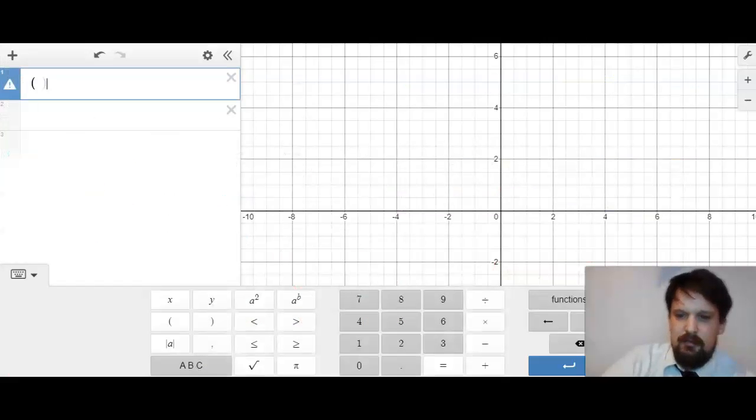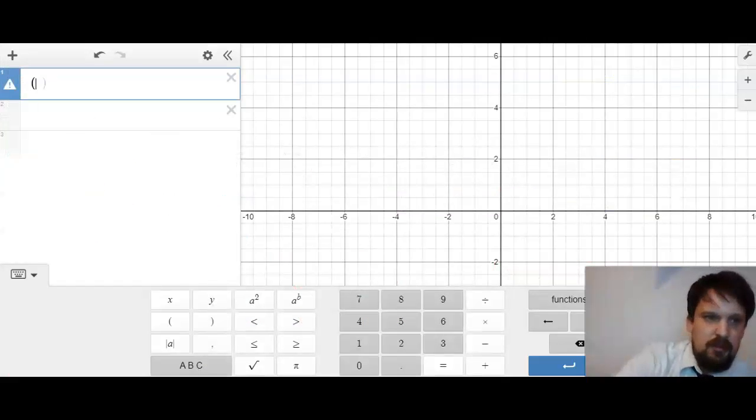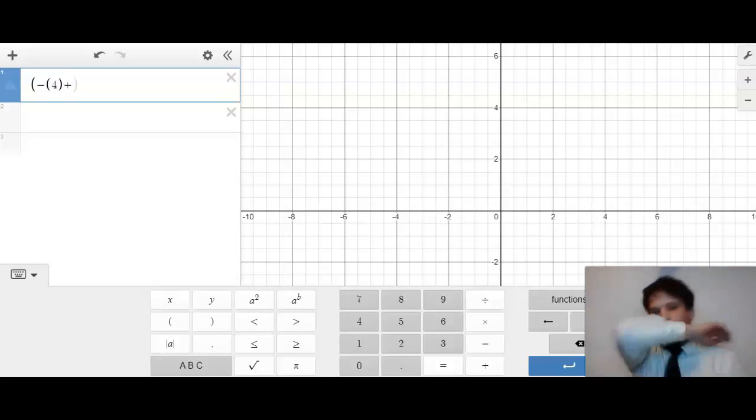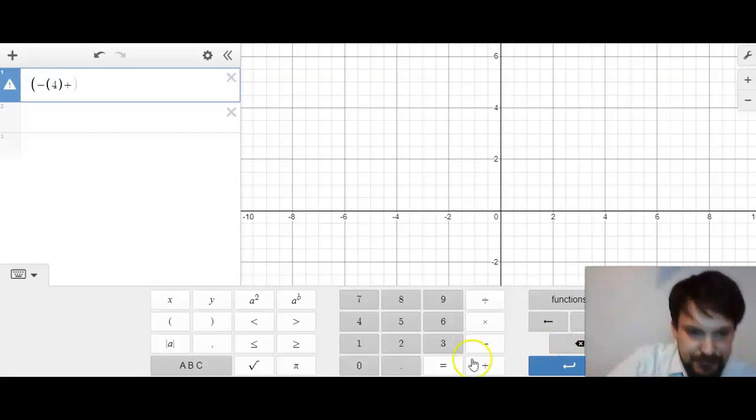Okay, so we're going to do negative, parentheses 4 parentheses, plus the square root down here.